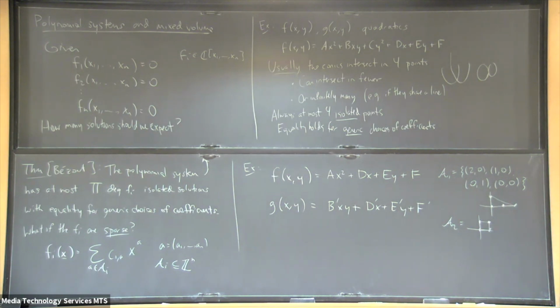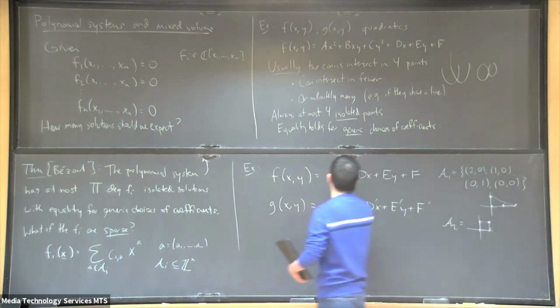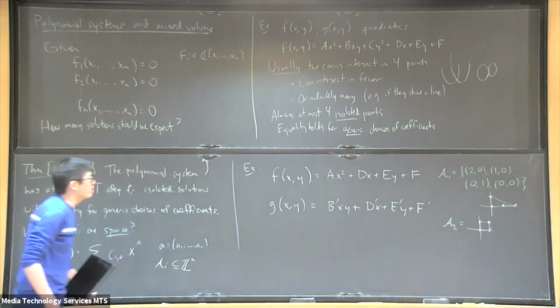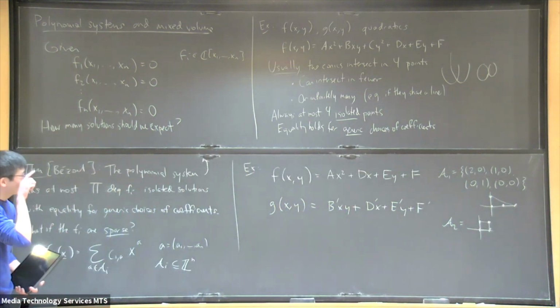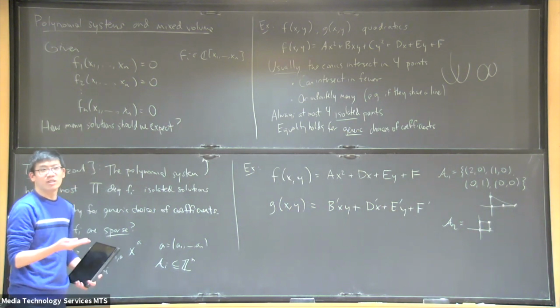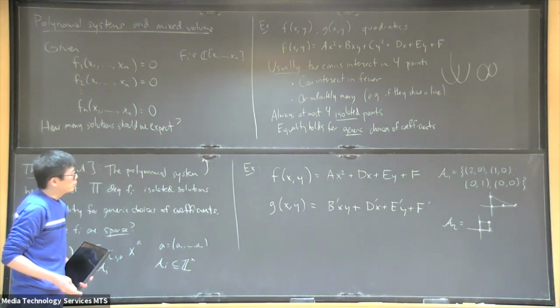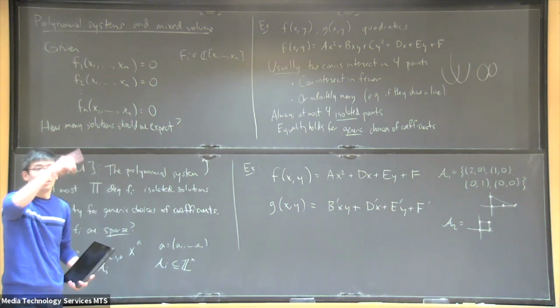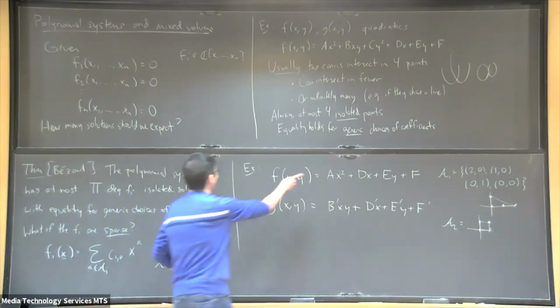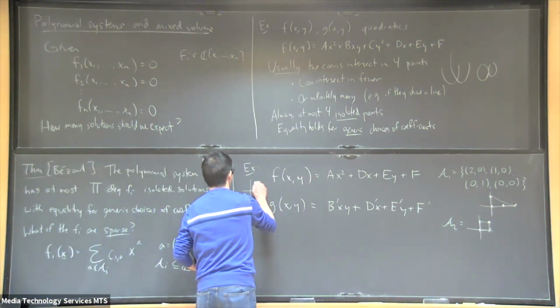Okay, and what do these look like? If you were just to graph what these look like, f, if you set it equal to 0, is just the equation of a parabola that opens in the vertical direction. Roughly speaking, it looks like this.